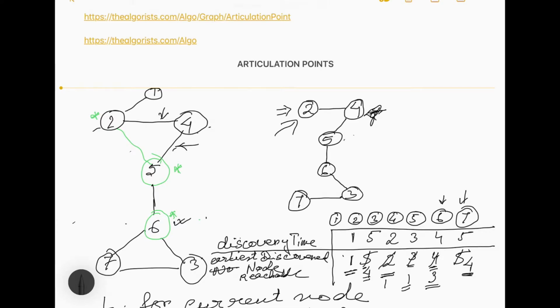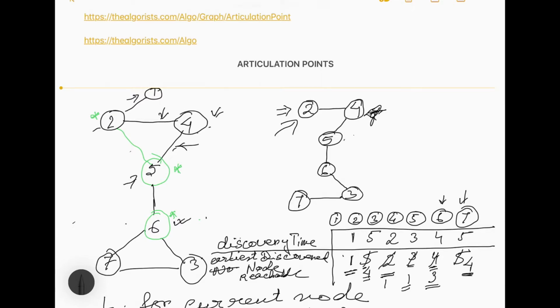2 has 3 adjacent nodes, 5, 4, and 1, out of which 1 is not even on the call stack, because we haven't visited 1 yet. So we have only 4 and 5.